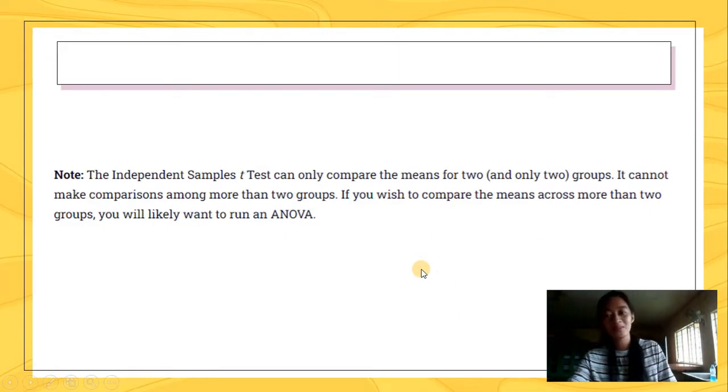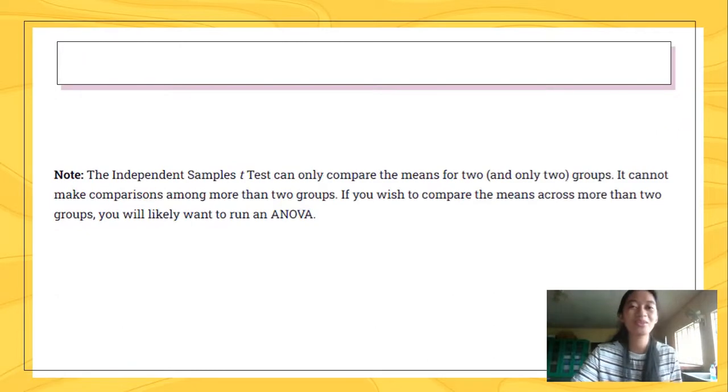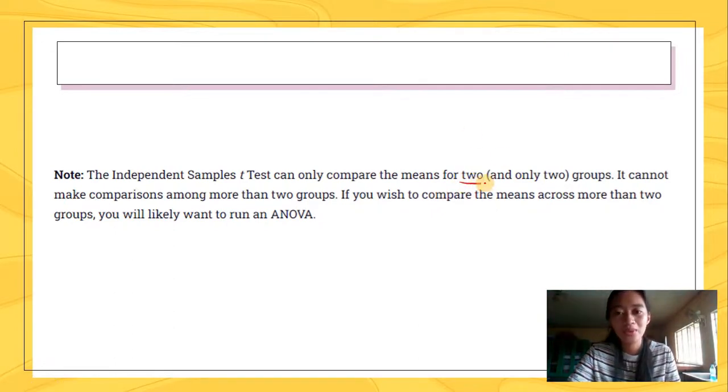Okay, what else? What last assumption before we start? Note that the independent samples t-test in this material can only compare means of 2 and only 2 groups. Duha ra jud, comparing the means of 2 and only 2 groups.